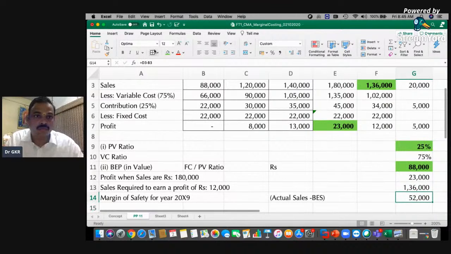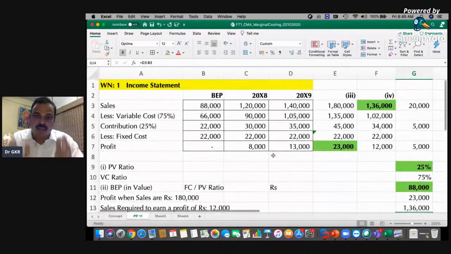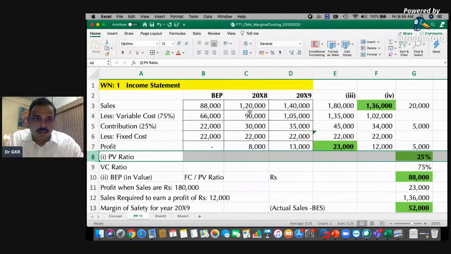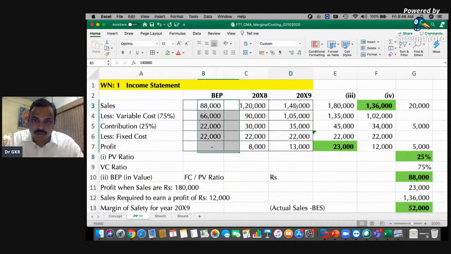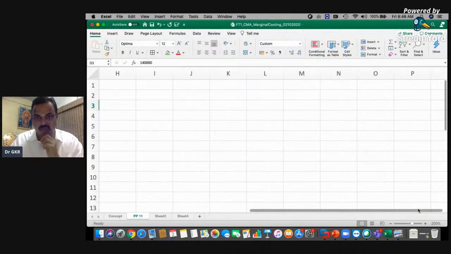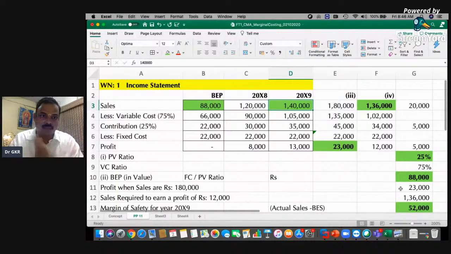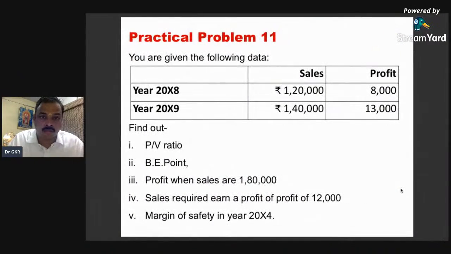So the gap, how far you are safe from your break-even point. 140 is your present sale, break-even sale is 88. So the difference between 140 and 88 is 52,000. That is your margin of safety. Good, so that is with respect to your practical problem 11.